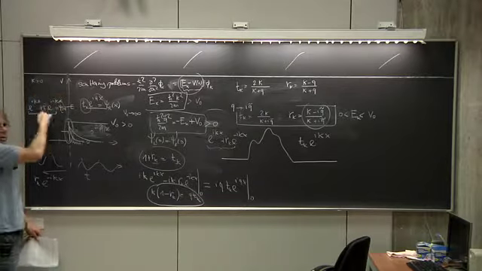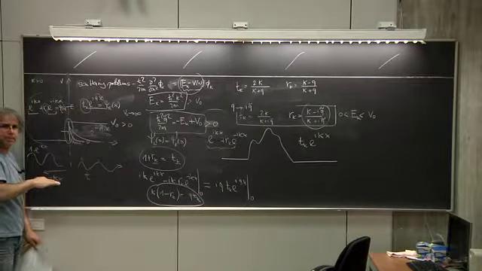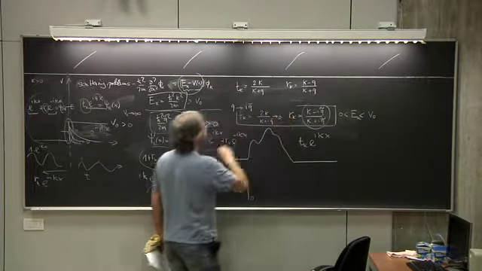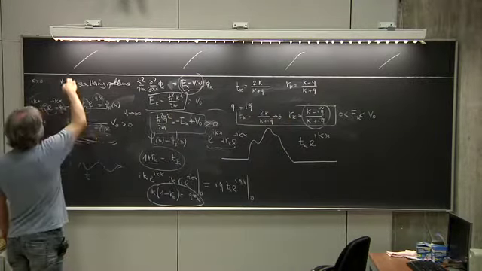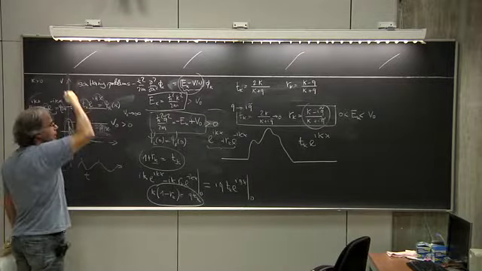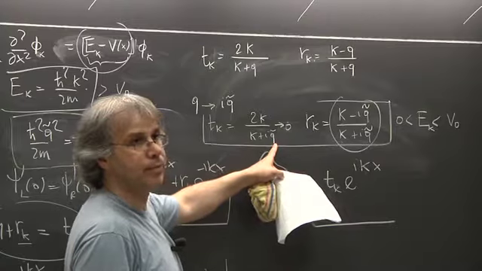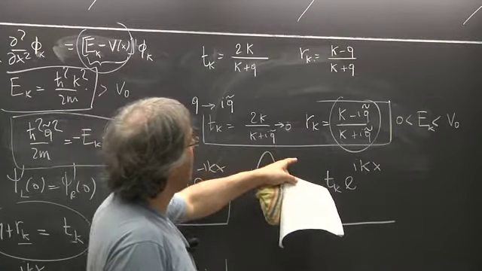The higher the step, the faster you decay. But you also see that this goes to 0. So transmission, if V0 becomes very, very large, goes to 0, like 1 over Q tilde.